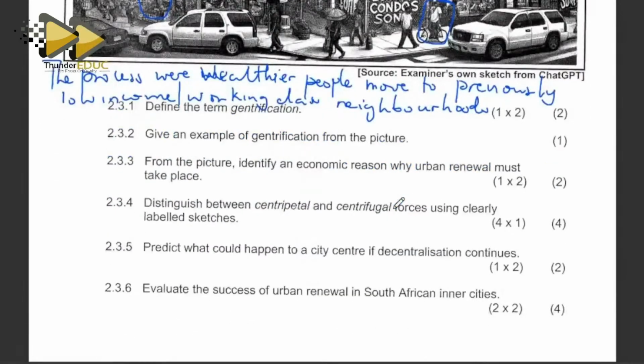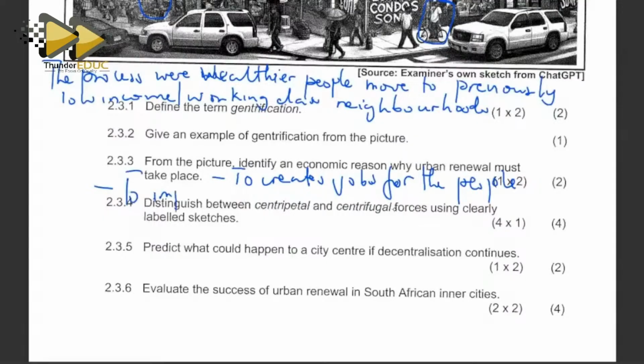So an economic reason why it needs to happen is so that it creates jobs for the local people. Because it resembles that there are some people who have nothing productive to do there. So if gentrification happens, wealthier people join, then they can ultimately improve the conditions of the people by giving them jobs. And also we can justify to improve living conditions.